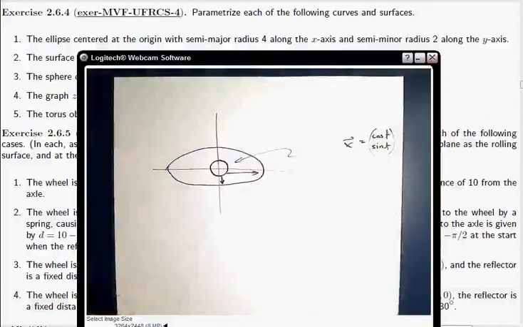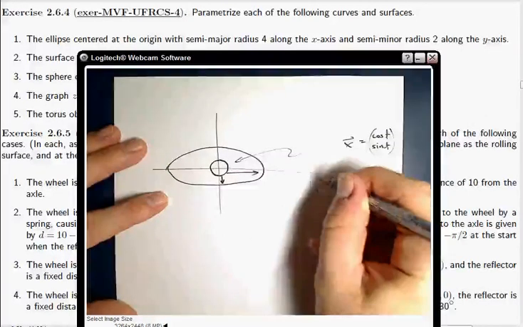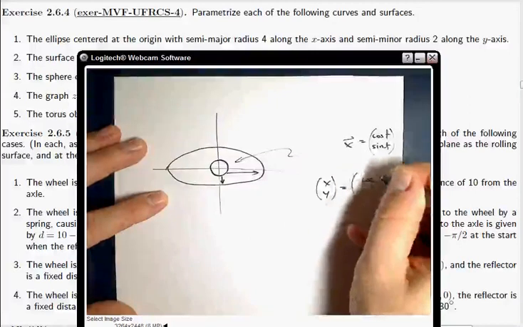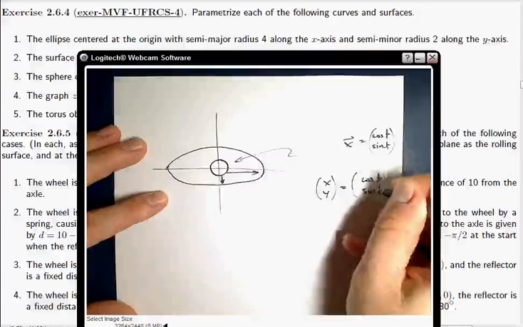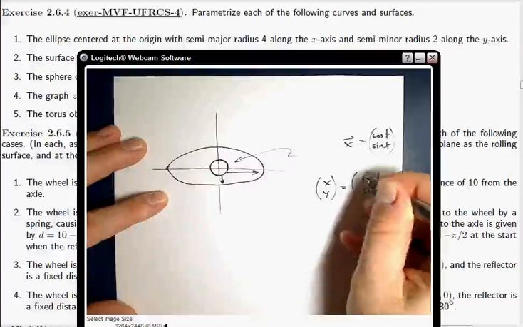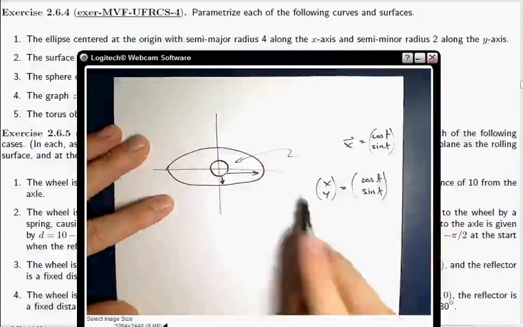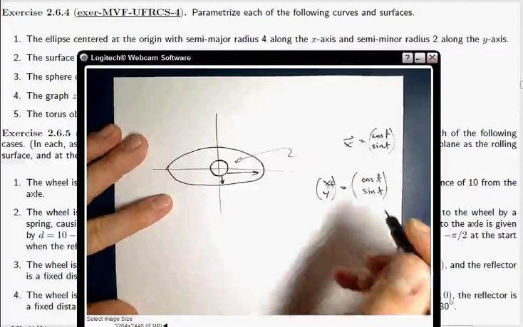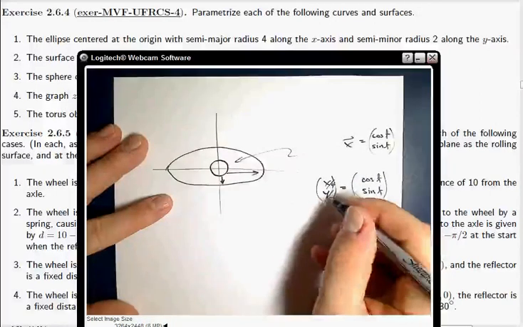Or said differently, this is what we did back with the equations. I could take x and replace it with x divided by 4, and replace y with y divided by 2.